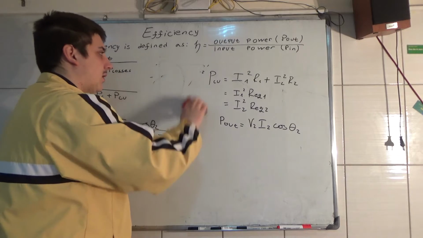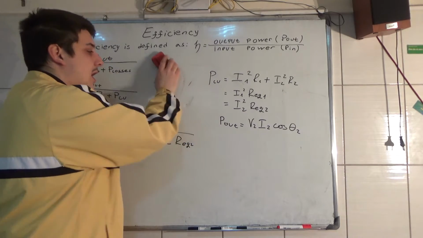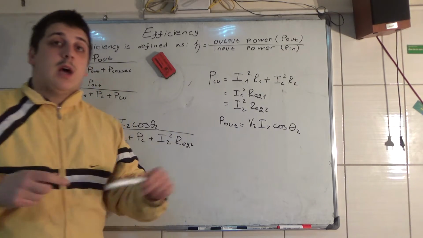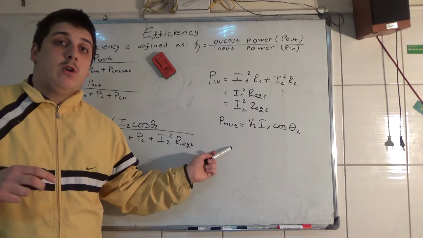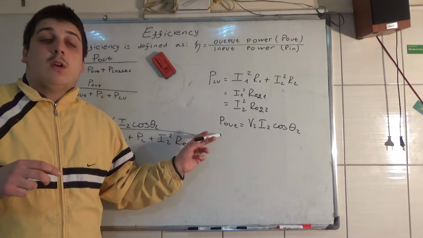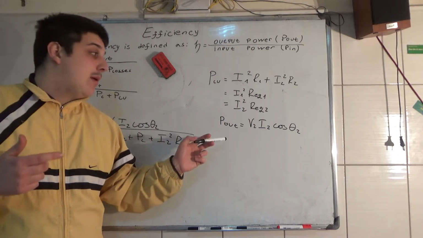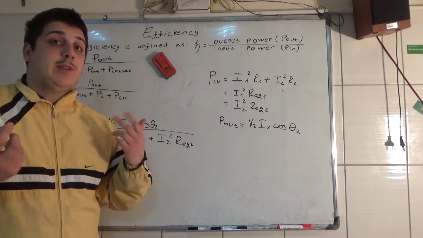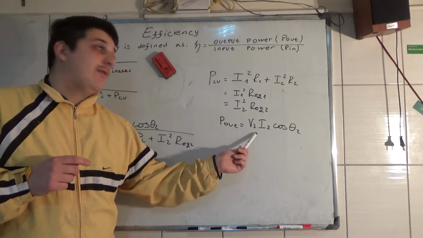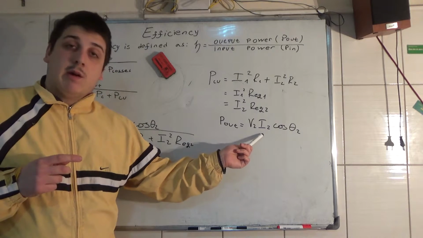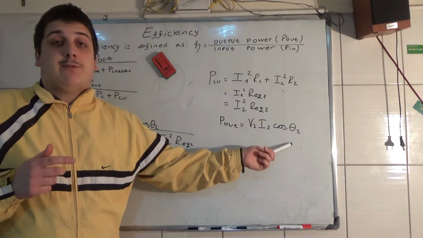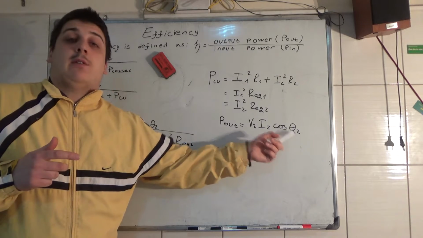And how do we calculate the active power of the output? Well, this is from electrical engineering. You have the phase voltage times the current I2 times the power factor cosine theta 2.